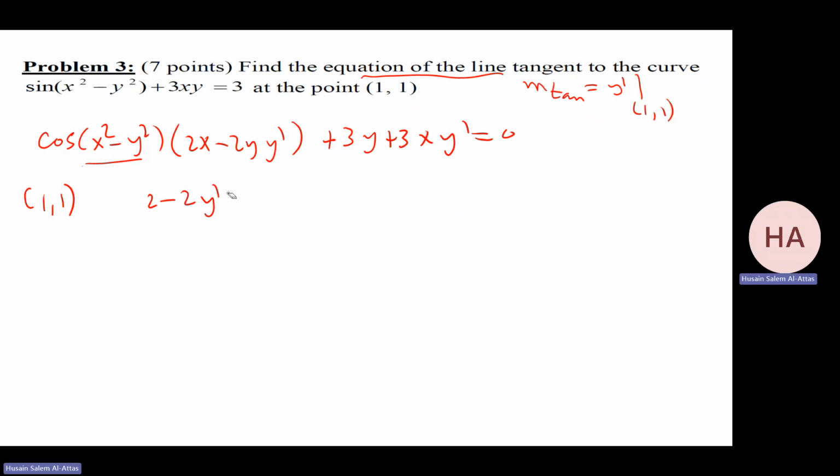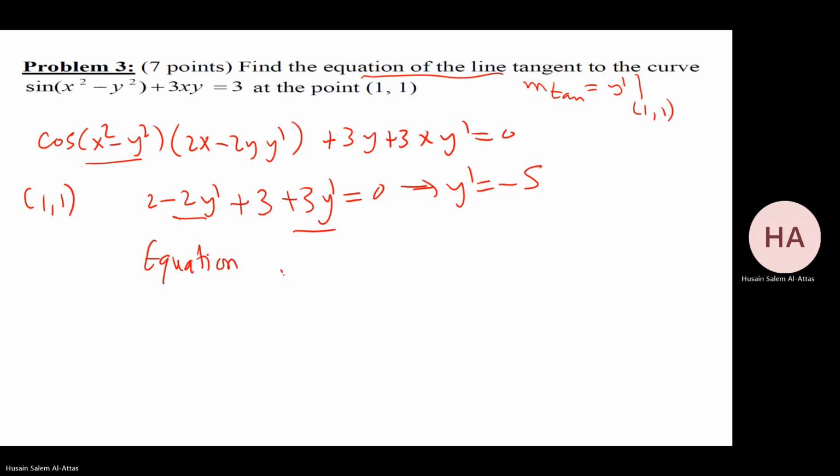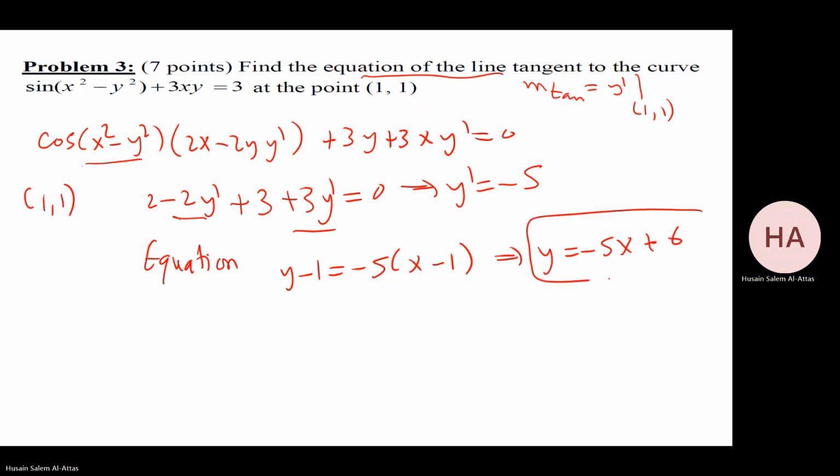No need for this. Plus 3 plus 3y prime equals 0. I have y prime equals minus 5. So it will be the equation y minus 1 equals minus 5 times x minus 1. So it means y equals minus 5x plus 5 plus 6. That is the equation.